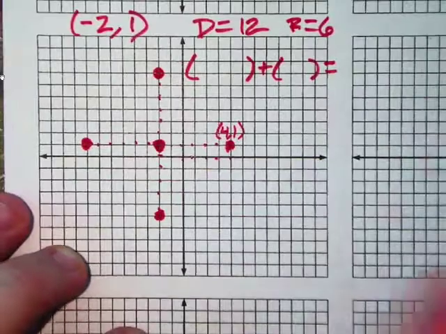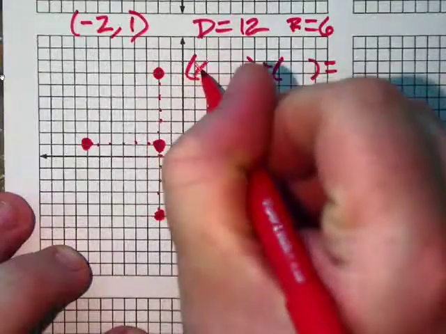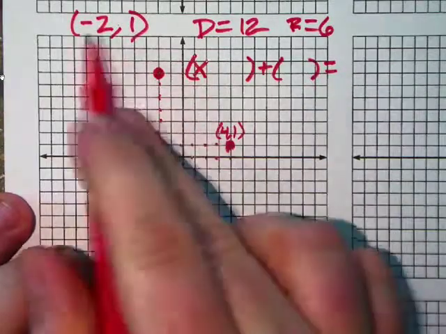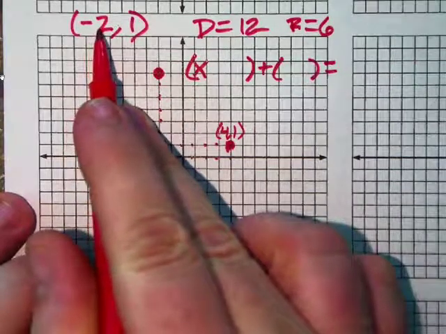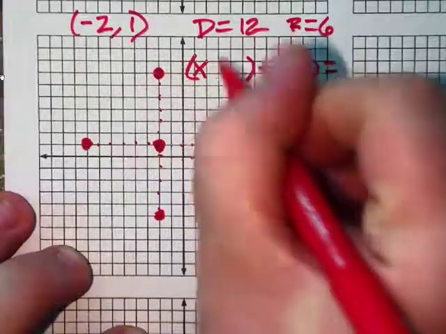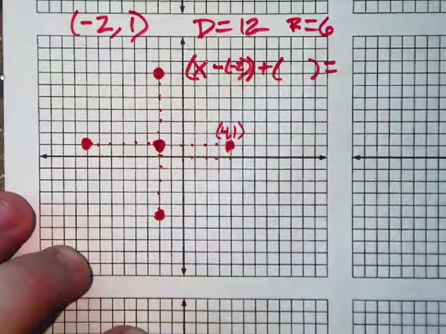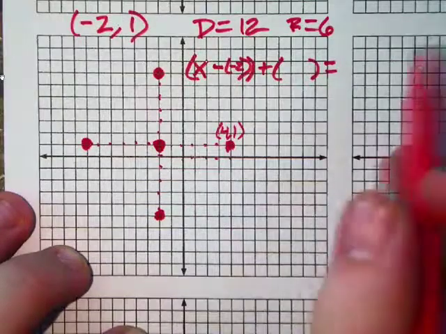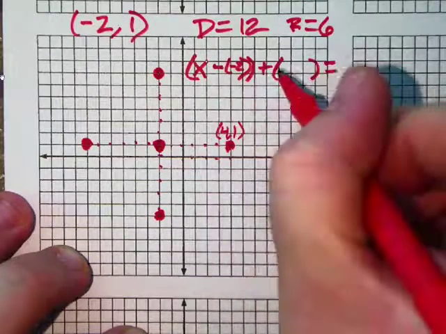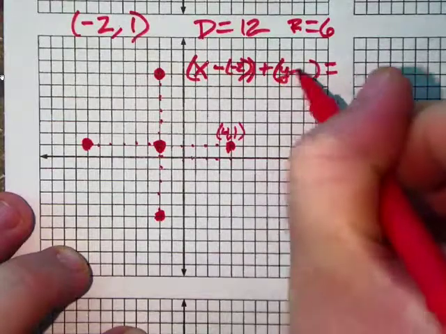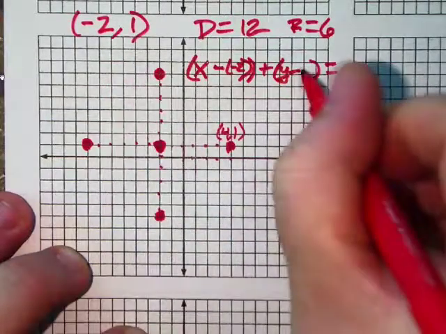What's the first parentheses? It's x minus a negative 2. Well, what's minus a negative 2? I'm just going to write it for now, and we'll go back to that in a second. Then y minus our y, which is 1.